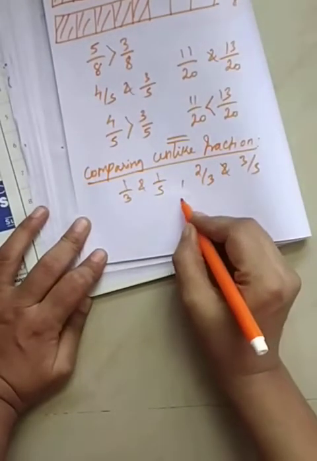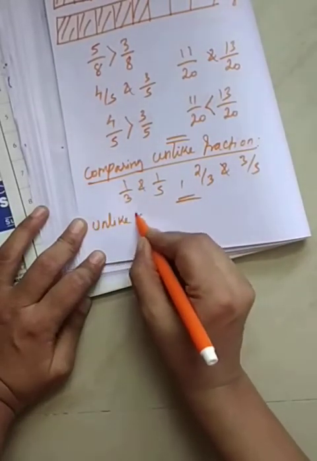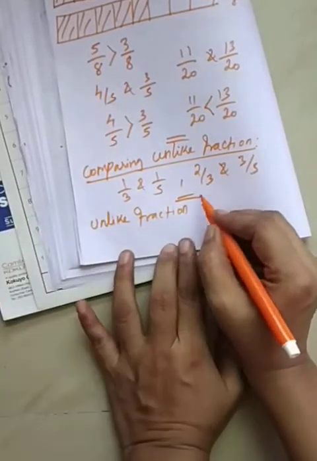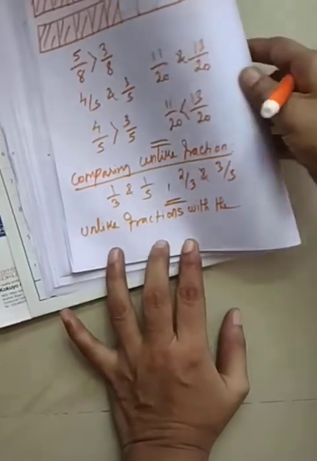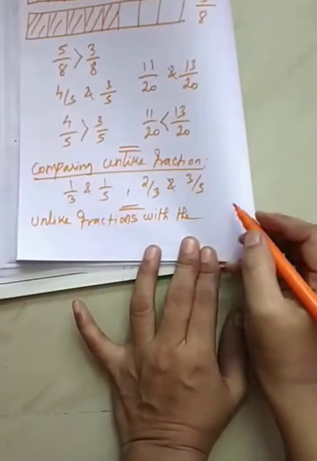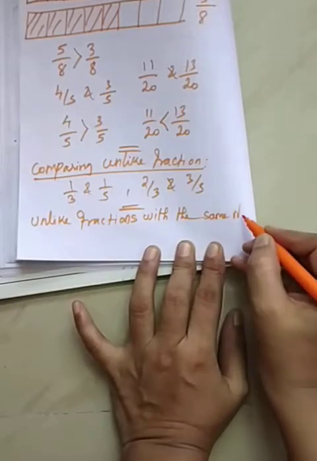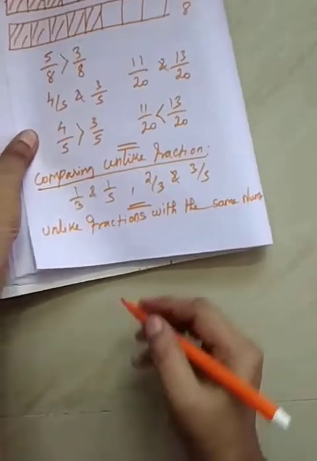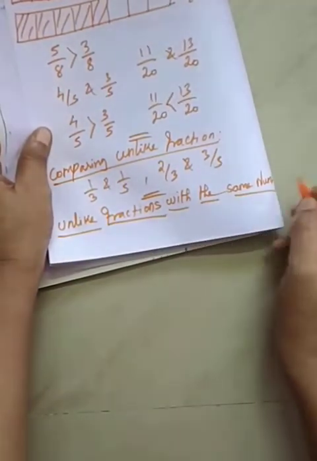Now we see unlike fractions with the same numerator. Okay. Unlike fractions with the same numerator.